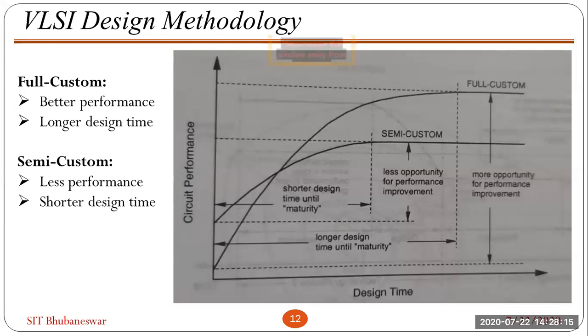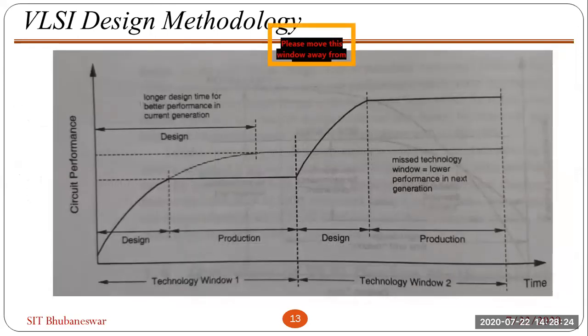So this is one method, full custom and then semi-custom. Another way we can discuss is the design technology window one, technology window two, with the current circuit performance. This window is nothing but one generation to another generation.